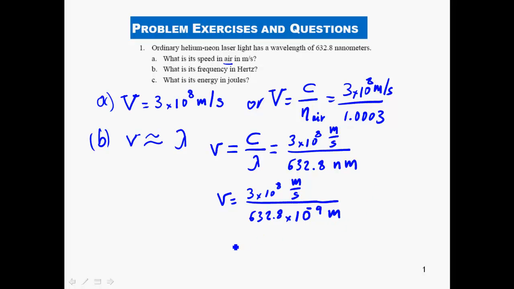Okay? So let's do the division here. Someone do this division for me, 3 times 10 to the 8th over 632.8 times 10 to the negative 9 on your calculator.